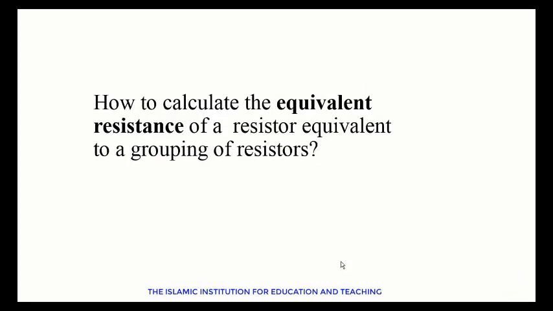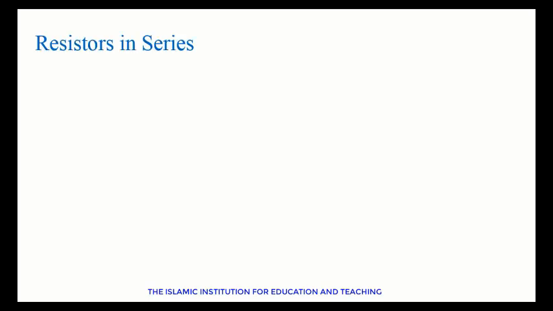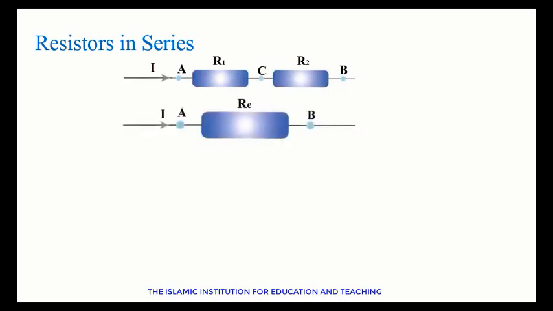Now, how to calculate the equivalent resistance of a resistor equivalent to a grouping of resistors? Let's begin with the first case where resistors are grouped in series. Here we have R1 and R2 grouped in series. RE is the resistor equivalent to this grouping. Since the two resistors are in series, then current I is unique.